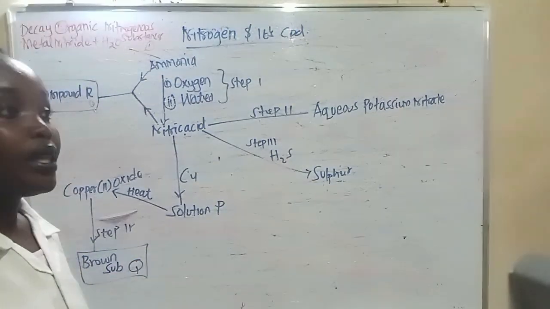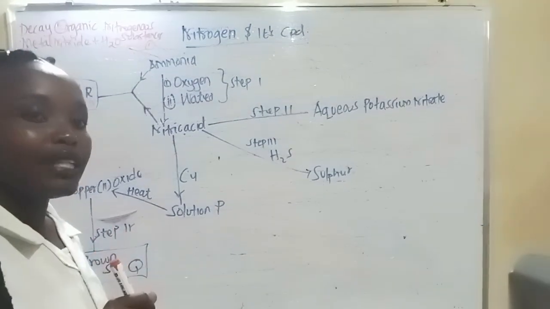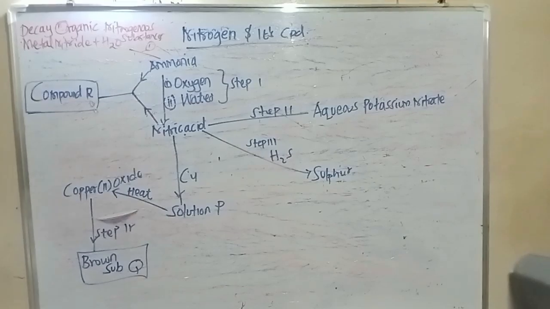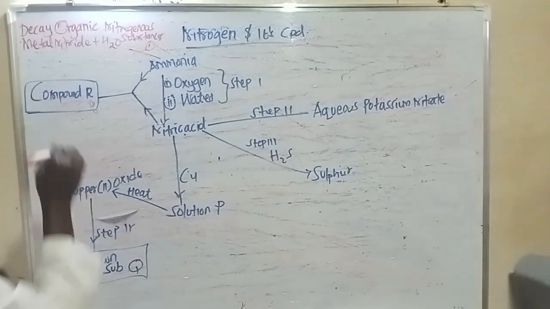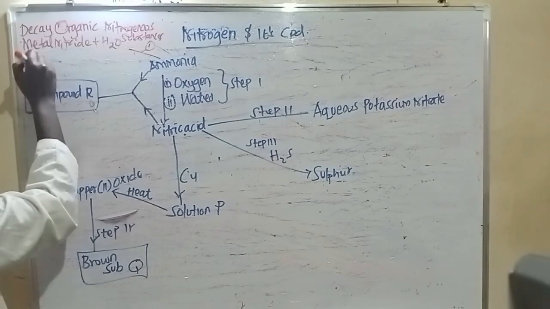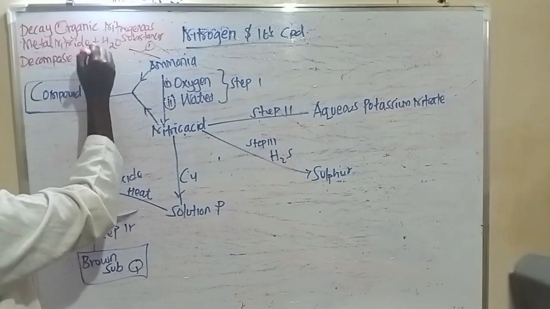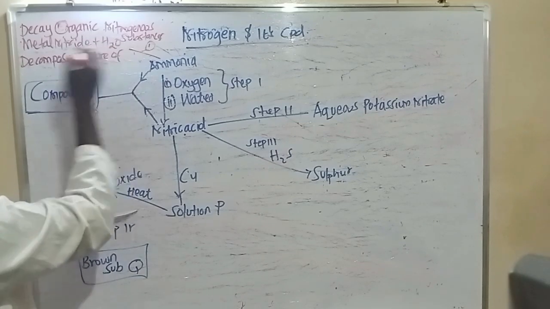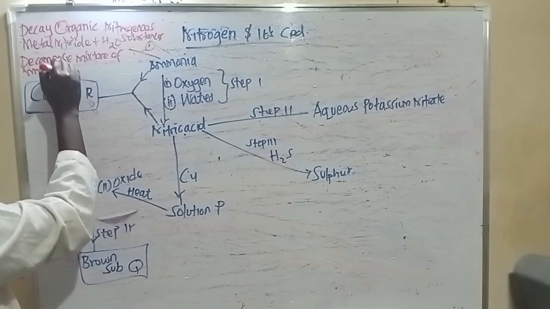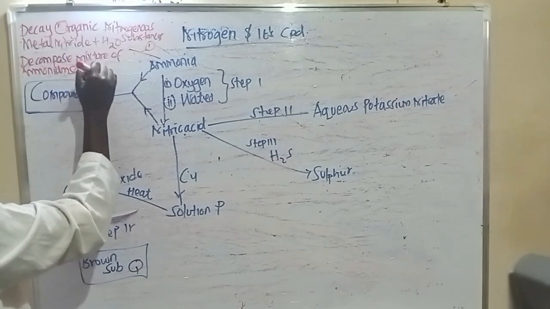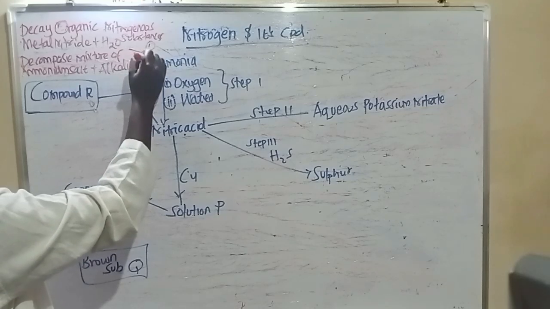Now, another method used in the formation of ammonia is simply decomposing a mixture of an ammonium salt and an alkali. Remember, an alkali is what you call a base.